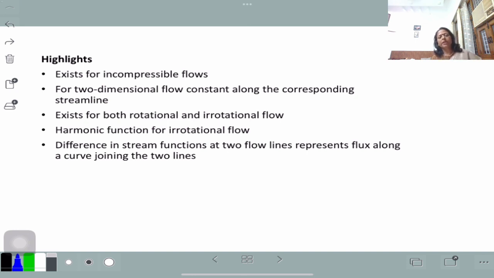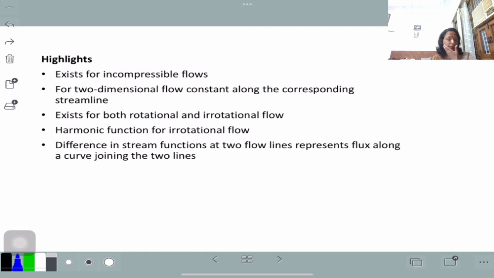And then the next is that it exists for both rotational and irrotational flows, which we'll prove later. And if the flow is irrotational type of flow, then it becomes a harmonic function. That means the Laplace equation is satisfied.